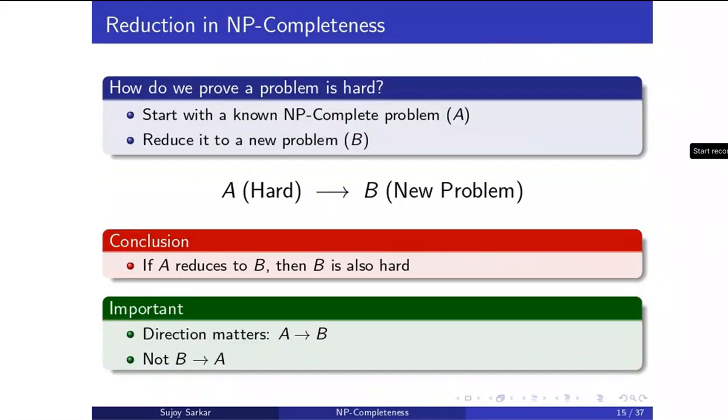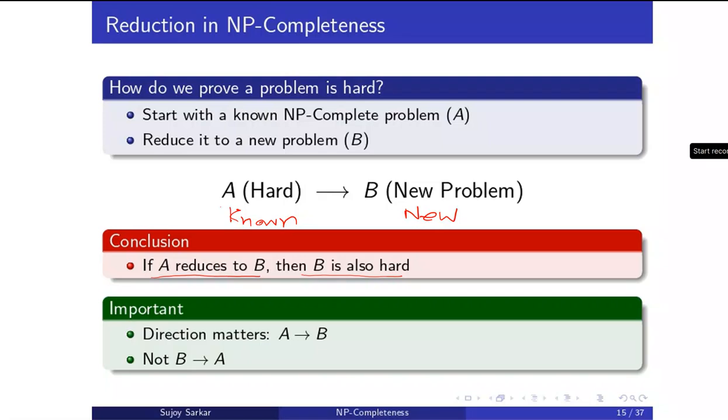Okay. And this concept we are calling reduction. Again, A is a hard, known problem. This is a new problem. And if A reduces to B, then B is also hard.